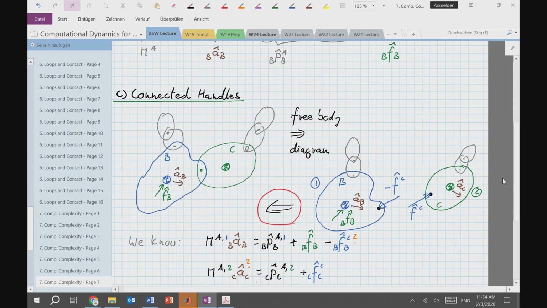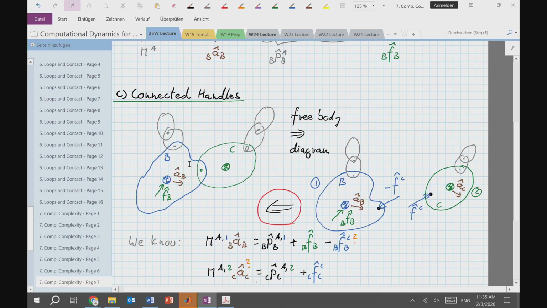And then I consider each of the subsystems that I get as an articulated inertia with their own handle. System 1 has the handle of the original undivided system. System 2 has a new handle that we call C here, which is going to be the new handle for our second system.